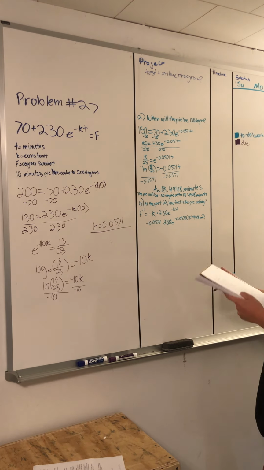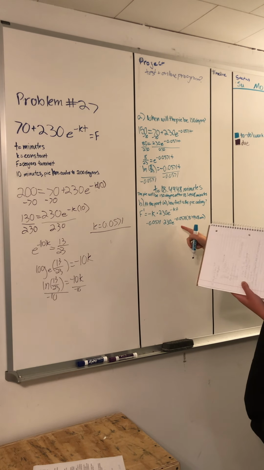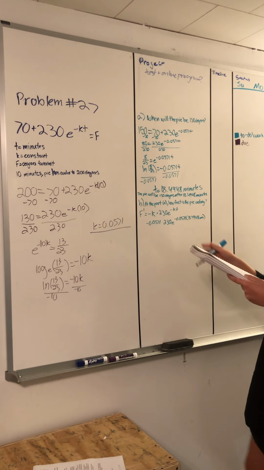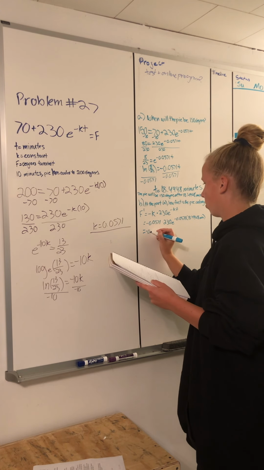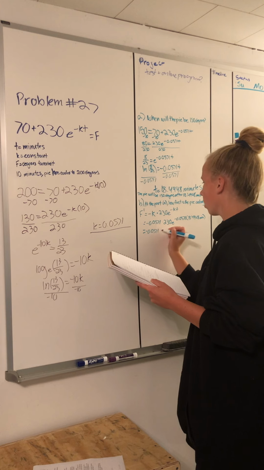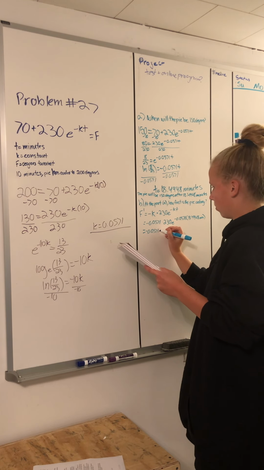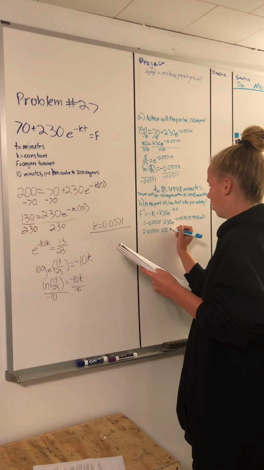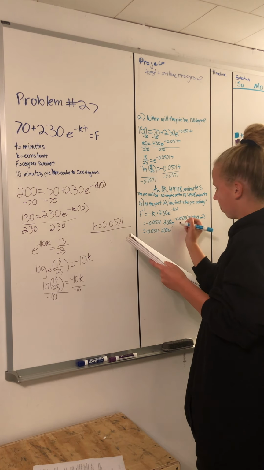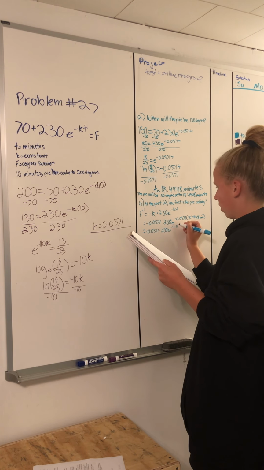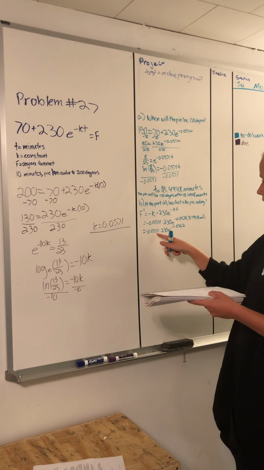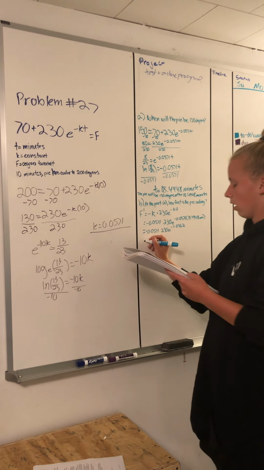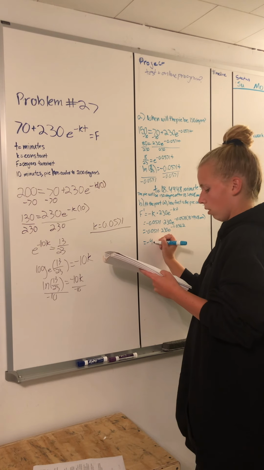And so when you multiply these values, you get negative 0.0571 times 230 e to the negative 1.0562.